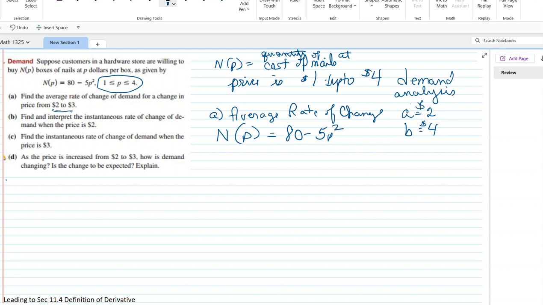So we want to use our calculator. We're going to enter the function, and we're using X for P. So we're going to go to the Y equals, and clear out any graphs that are in there.